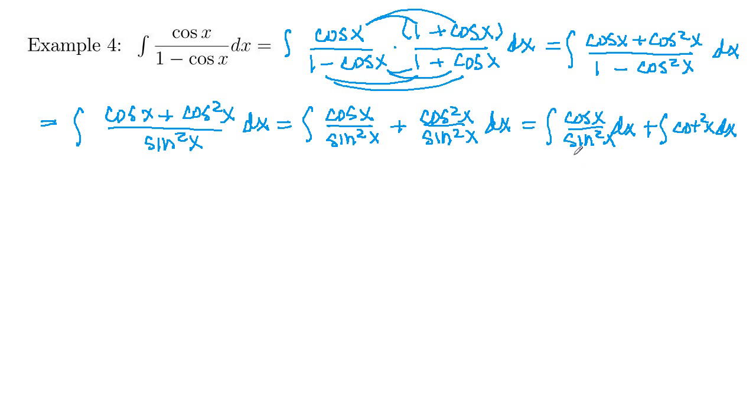So this one, I see a function sine x and its derivative cosine. So I'm thinking u substitution on that one. So for this one, I'm thinking u equals sine x, and du is cosine x dx.